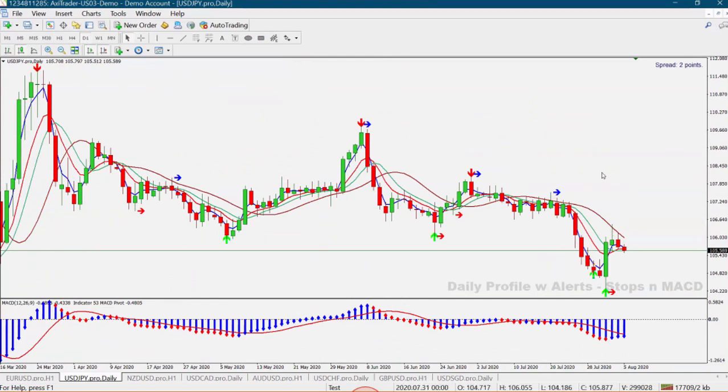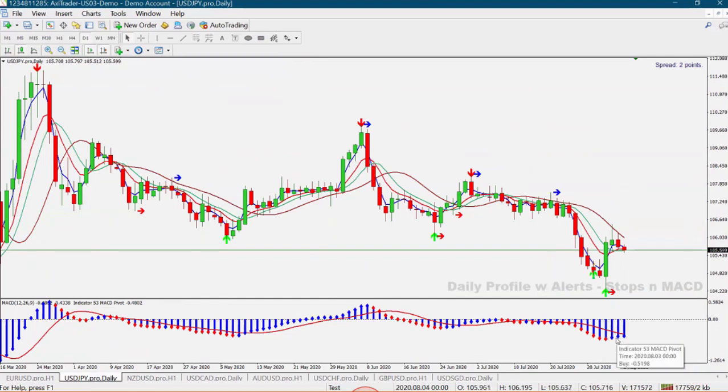So 105 should be right in here somewhere. 105 even. And so let's take a look here.